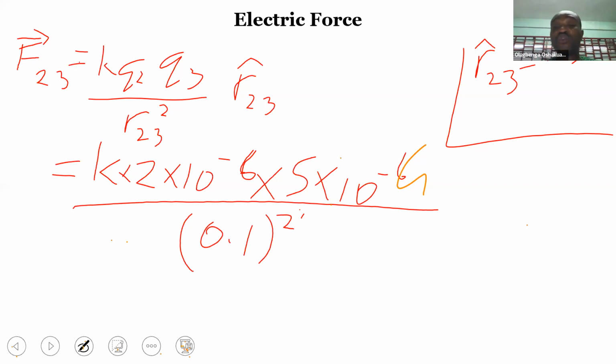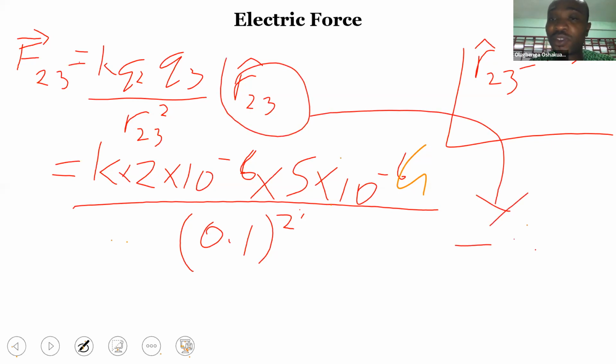If we were using the i, j, k notation, then you just say minus i. So this will come here to mean minus X caret.